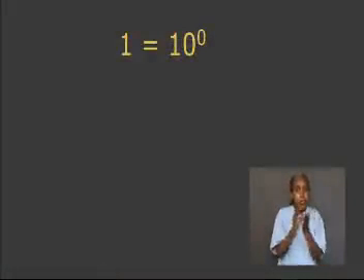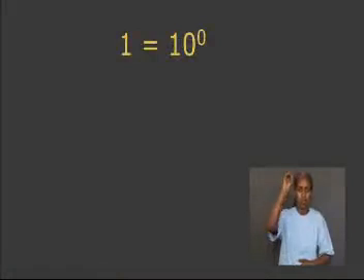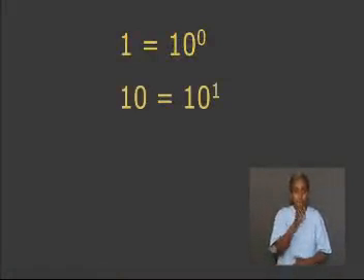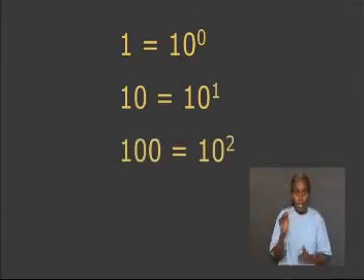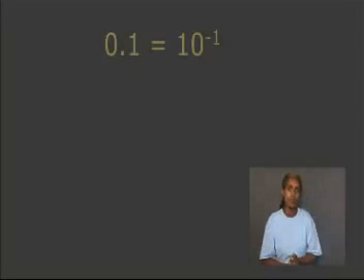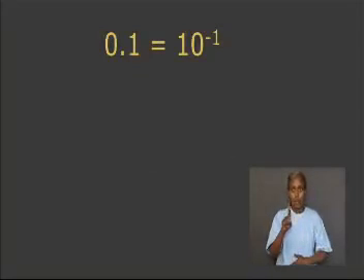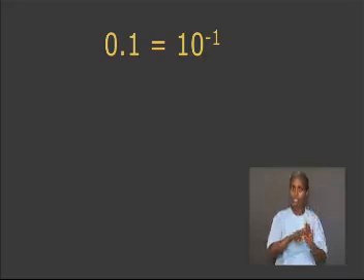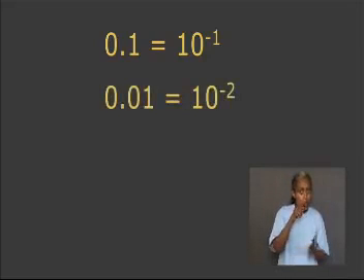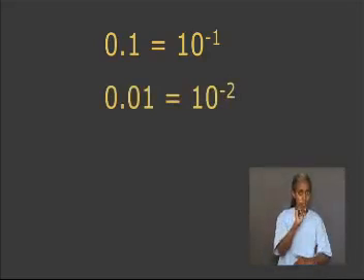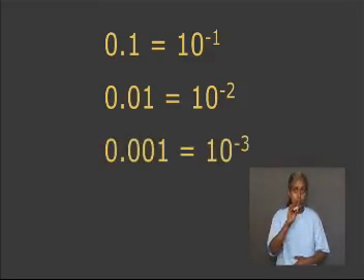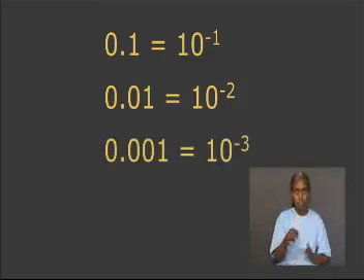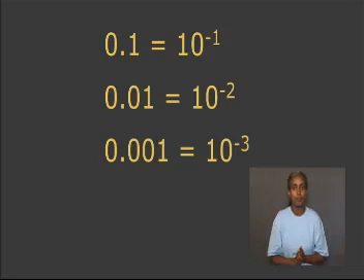The number 1 is 10 to the power of 0. 10 is 10 to the power of 1. 100 is 10 to the power of 2, and so on. 0.1 is 10 to the power of -1. 0.01 is 10 to the power of -2. 0.001 is 10 to the power of -3. I am sure that you see the pattern.